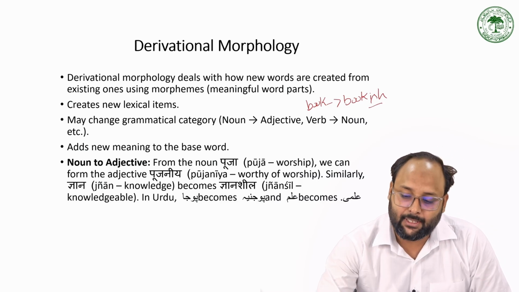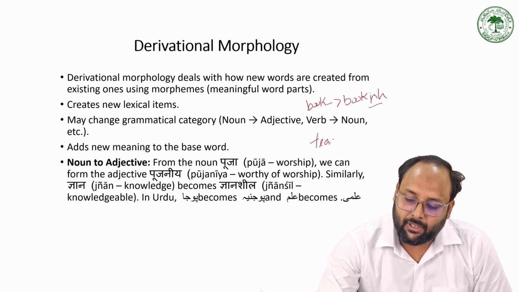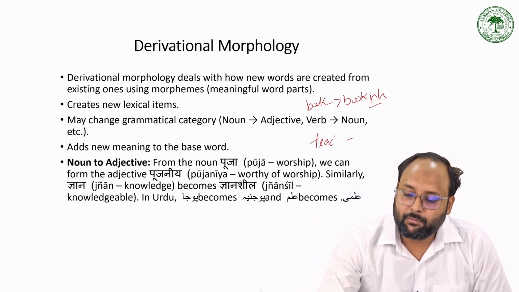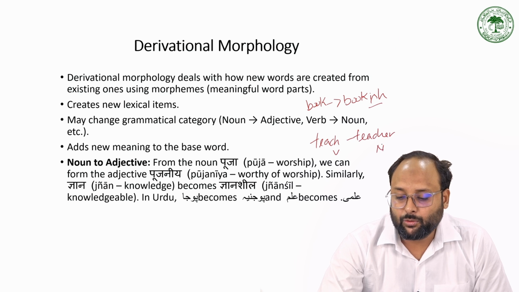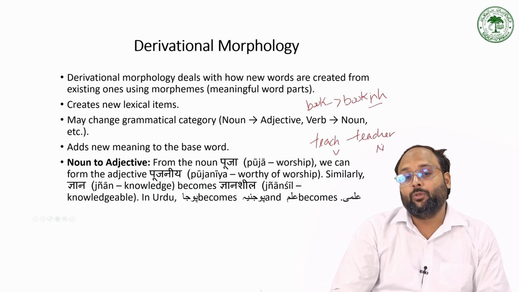Or we have another example like teach. Teach becomes teacher. Here teach is the verb and teacher is the noun. So it is also useful for changing the grammatical category.